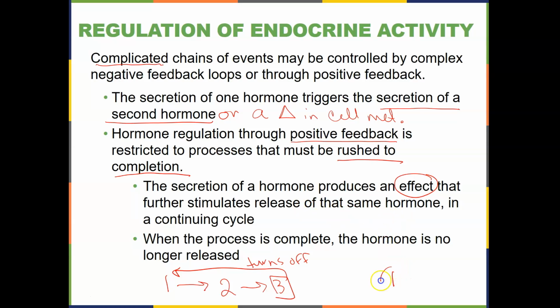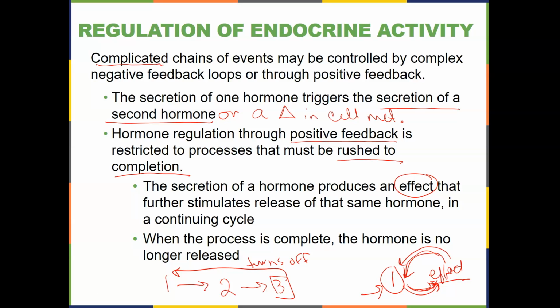So you'll have hormone number 1 causing an effect, which then makes more hormone number 1, causing more effect, and around and around we go, all right? And the completion of the process is when this hormone is no longer needed because the effect has reached its, I guess you would say, maximum result.